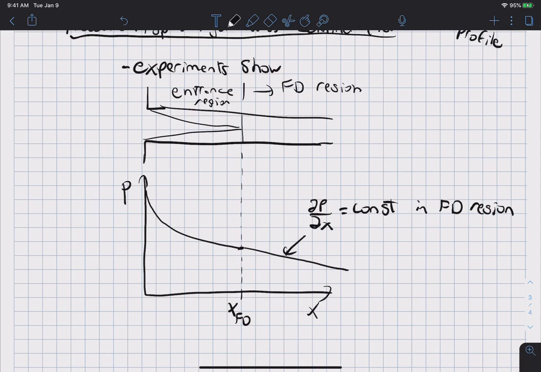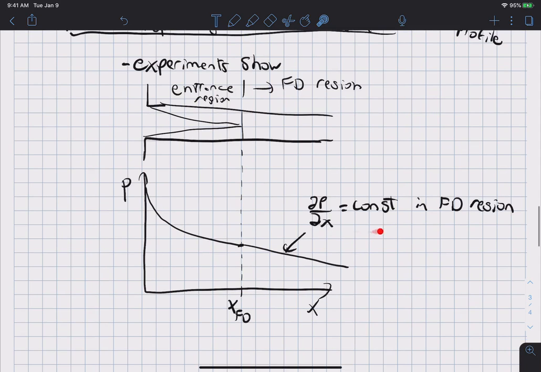Okay, and so we are going to use this fact that the pressure gradient is constant in the fully developed region, that is, after the point where the boundary layers merge. That will make some of the analysis pretty easy. And we're going to show that this is true just based on the characteristics of the flow.